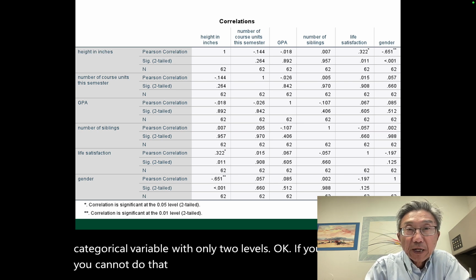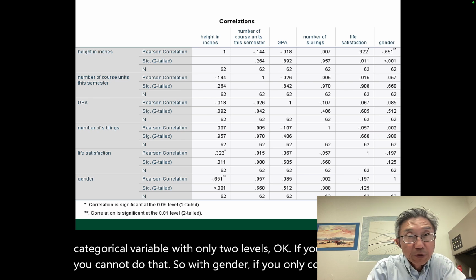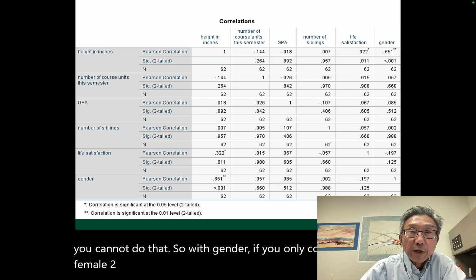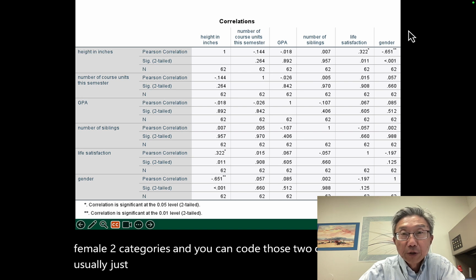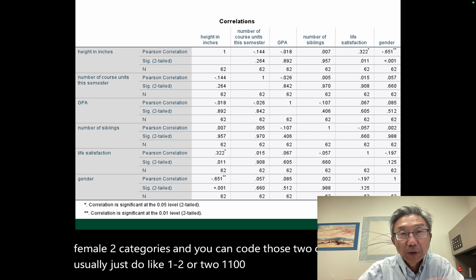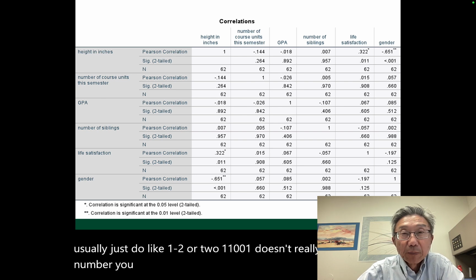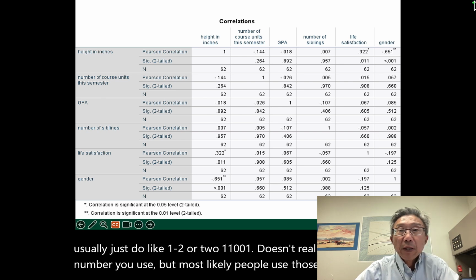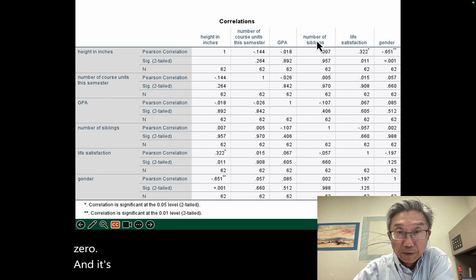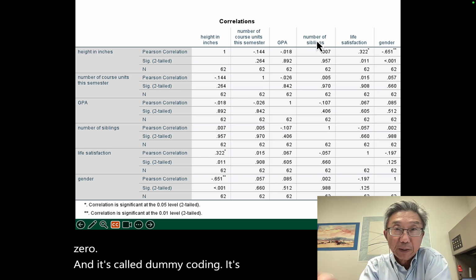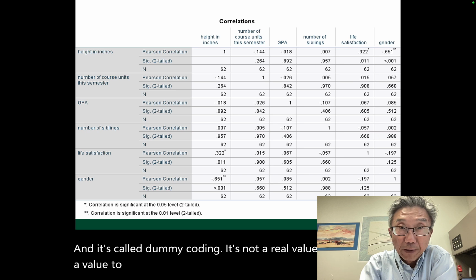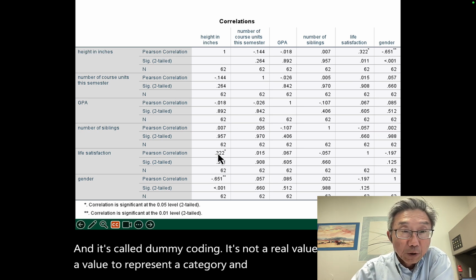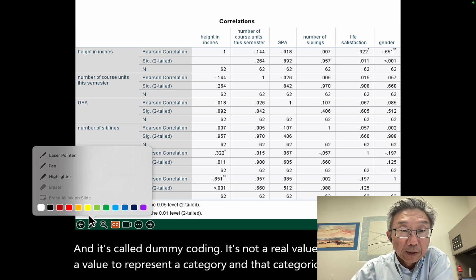So with gender, if you only consider male and female, 2 categories, you can code those 2 categories, usually just 1, 2, or 2, 1, or 1, 0, or 0, 1. It doesn't really matter what number you use, but most likely people use 1 or 0. And it's called dummy coding. It's not a real value, but you assign a value to represent a category, and that categorical variable only has 2 levels.